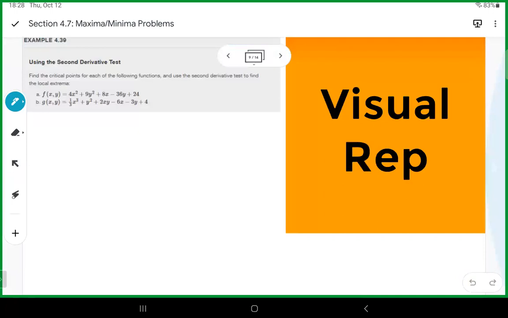Okay, so step 1 of the problem solving strategy involves finding the critical points of the functions. To do this, you have to first calculate the partial derivatives and then set them equal to 0.